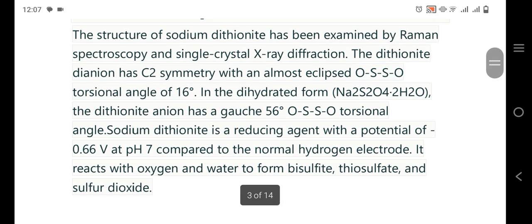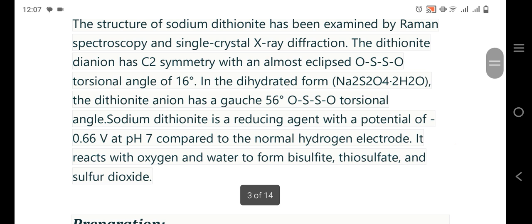Sodium hydrosulfide has some key properties. The first one is that it is a reducing agent because it can readily donate electrons, making it a powerful reducing agent in various chemical reactions. Due to its solubility in water, which facilitates its use in various aqueous solutions.